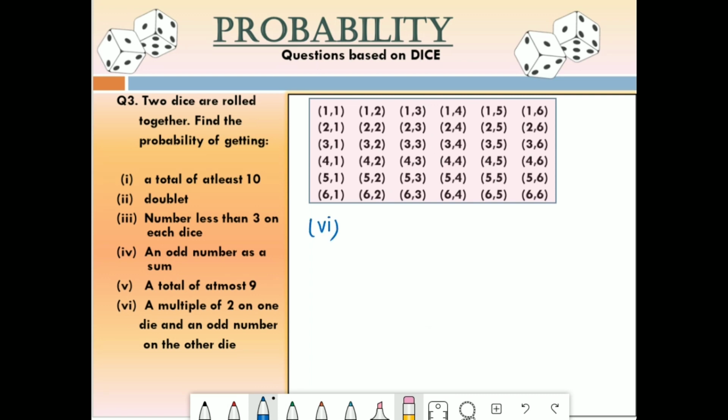Sixth part, a multiple of 2 on one dice and an odd number on the other. When we say multiple of 2, that means we are talking about even numbers. So it's saying even number on one dice and odd number on the other. So dice is in this form. So let's check this. Even and odd, even odd, even odd.